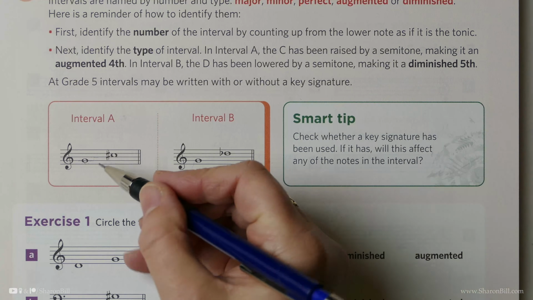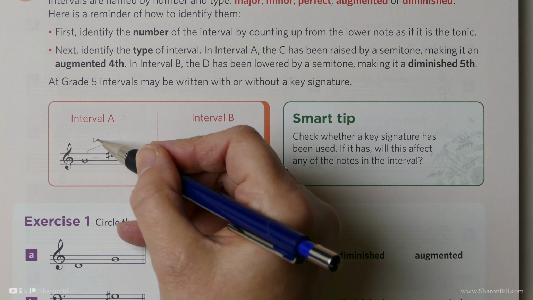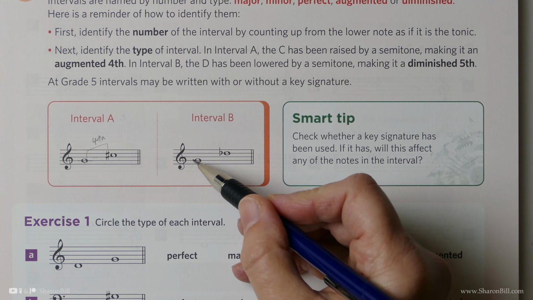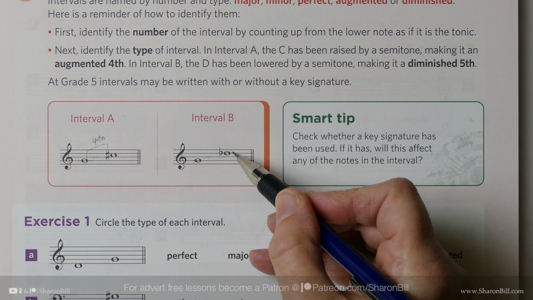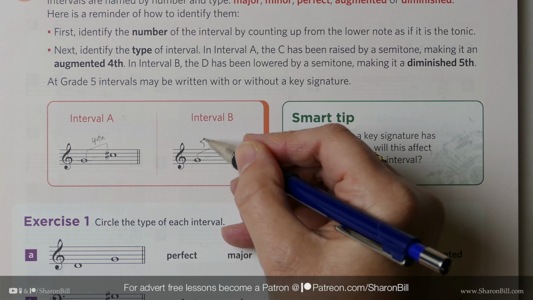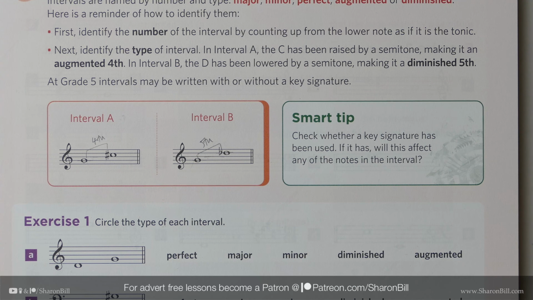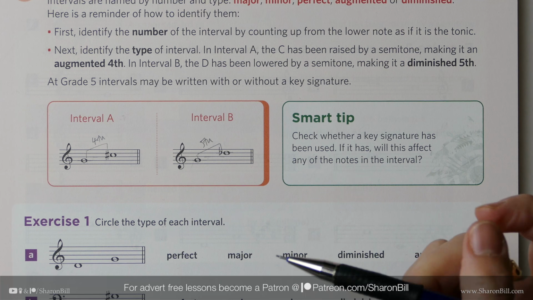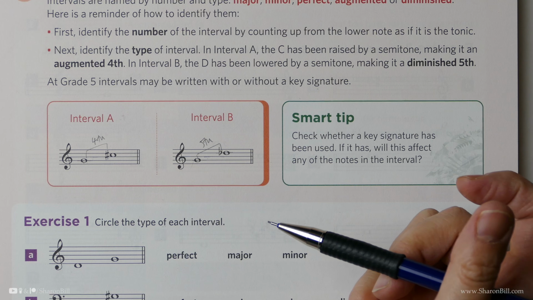And so here, G to C is a fourth of some sort or other, whereas here, 1, 2, 3, 4, 5, this is a fifth of some sort or another, and then we need to describe whether it's perfect or augmented or diminished and so on.